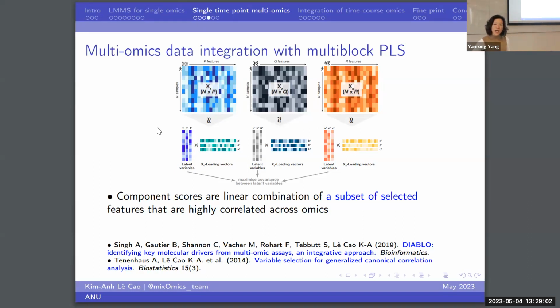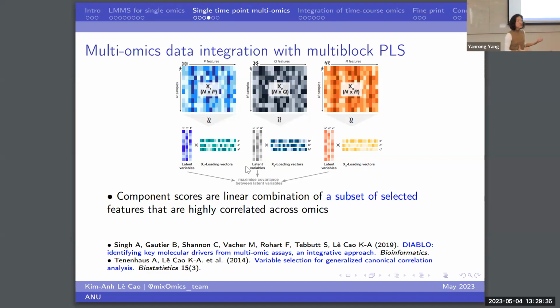And so basically what you're asking here is, can I find a component from the gene data set that is maximally covariant with the component from the proteomics data set that is also maximally covariant with the component from the metabolomics data sets. And so this is how you find those components, and this is how you project each data set into a small space. And each of those spaces are actually comparable to each other now. We don't have this problem of scalability, the fact that it was generated from different technologies.